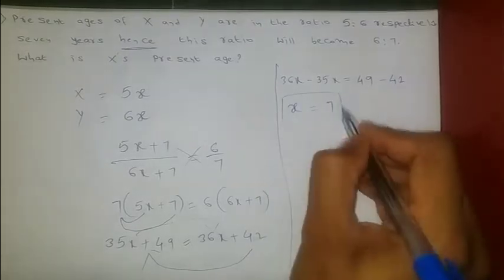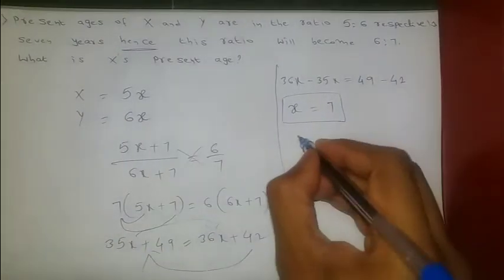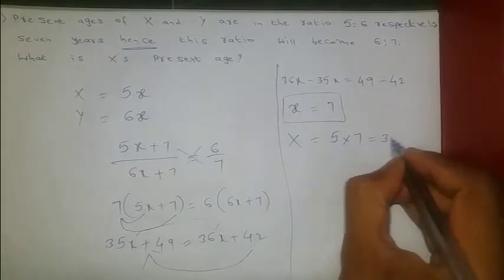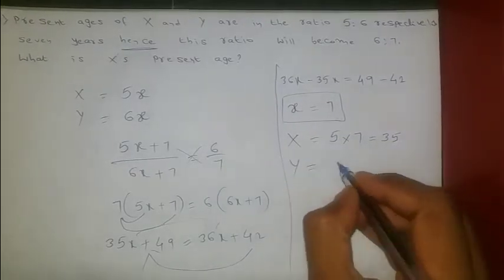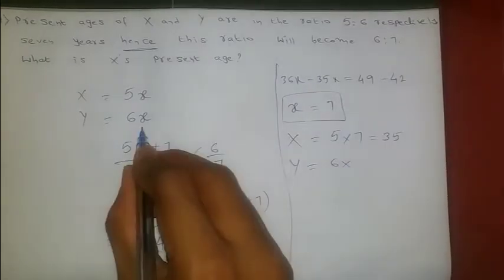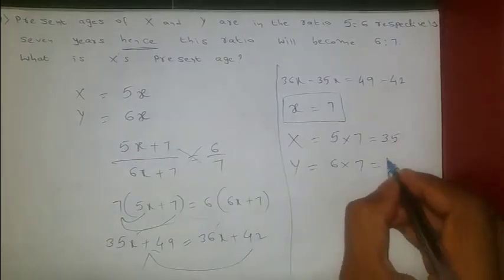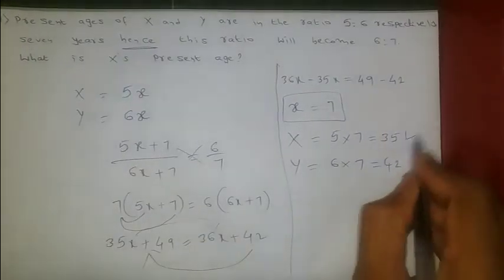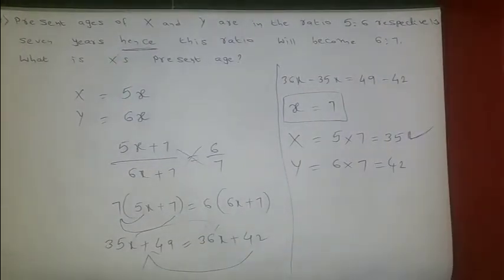So x is 7. Now X's present age is 5 into 7, that is 35 years, and Y's present age is 6 into x, that is 6 into 7, nothing but 42. Then he is asking the present age of X, so the present age of X is 35 years.